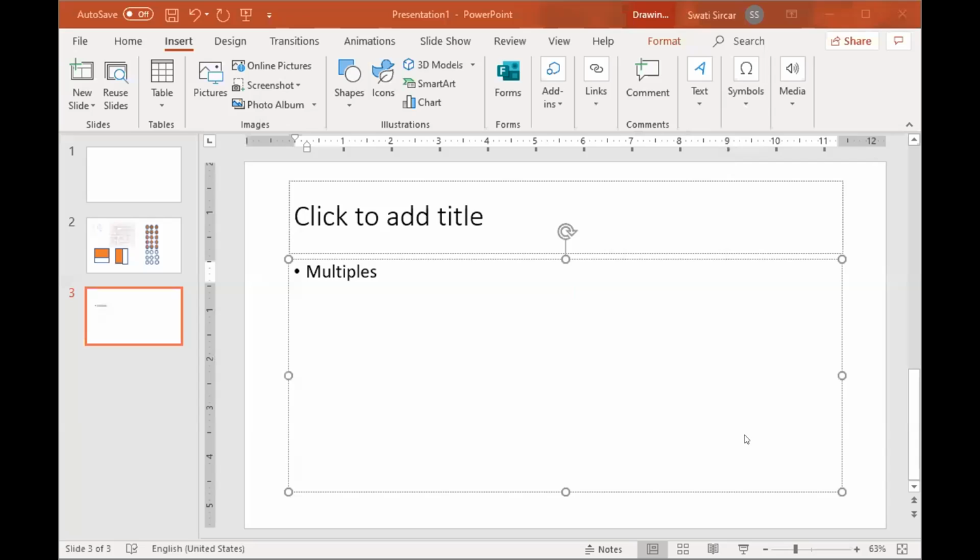I'll just use Word, Word may be better. Increase font size. Okay.